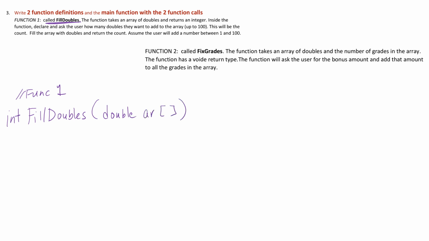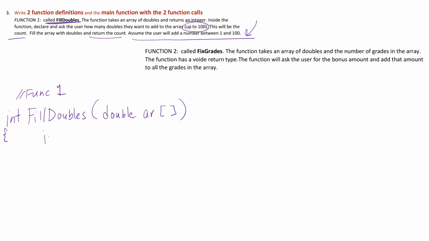That's its only parameter. Inside the function, declare, ask, and get how many doubles they want to add to the array up to 100. This will be the count. Fill the array with doubles and return that count. Assume the user will add a number between 1 and 100, so you don't need to enforce it. You can assume that the user will give you a number between 1 and 100.